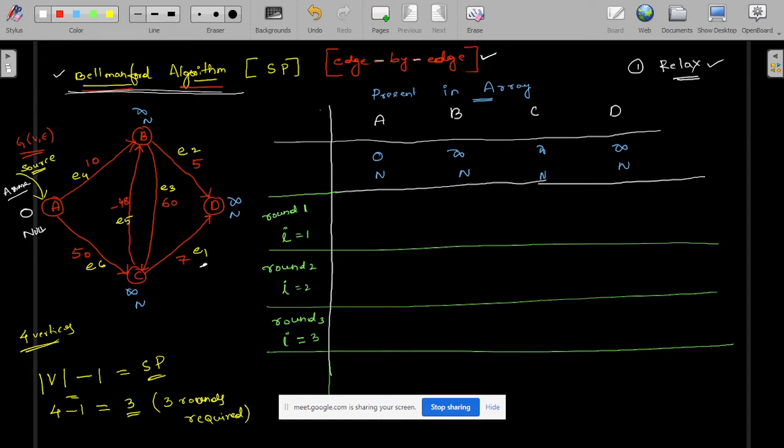So here we have infinite, nothing but the U value, actually U plus the edge weight, infinite plus 7. What value will D become? Infinite plus 7. Who is giving this? C. But infinite plus 7 is greater compared to infinite.